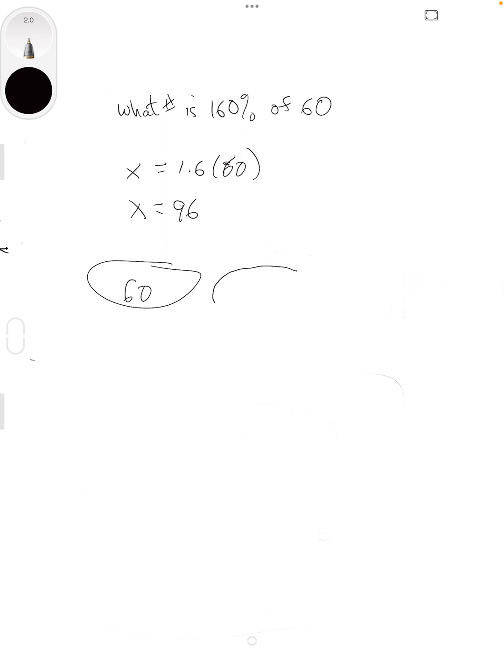And then this would be kind of the big concept, is you'd say, well, 96 is 160%. So it's bigger than the basic number. 96 is bigger than that. So the drawing, the diagram, is, if a regular whole thing is 60, 96 can be much bigger than your regular whole.